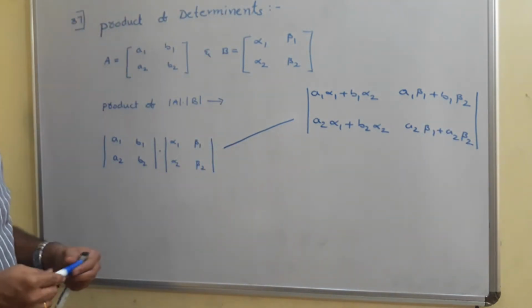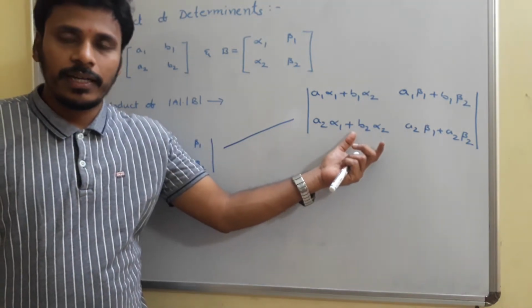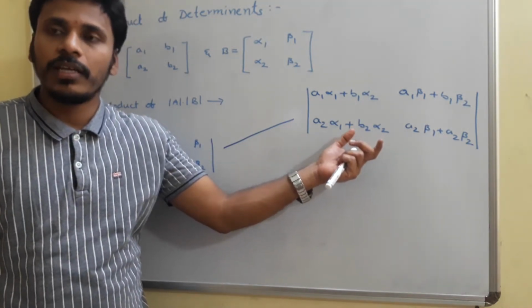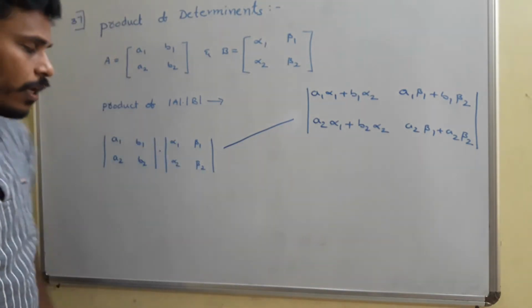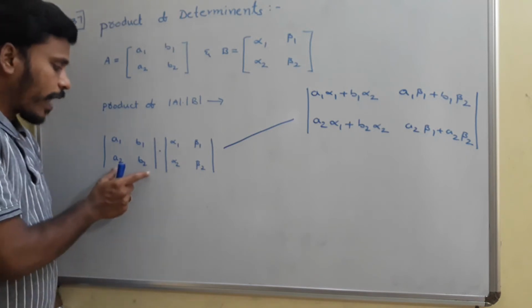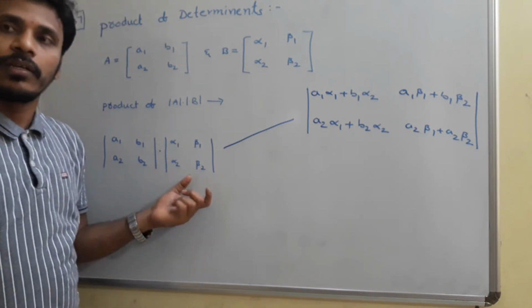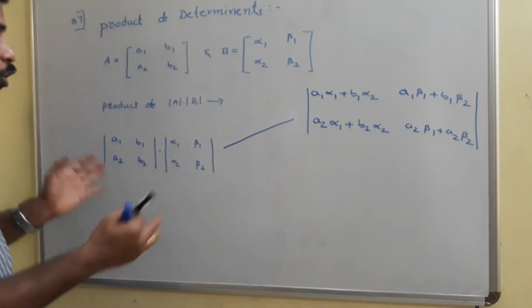If you calculate the determinant of this 2 by 2 matrix, then on simplification it is equal to the product of these two determinants. Once again, calculate the determinant of A separately, the determinant of B separately, and then calculate the product.